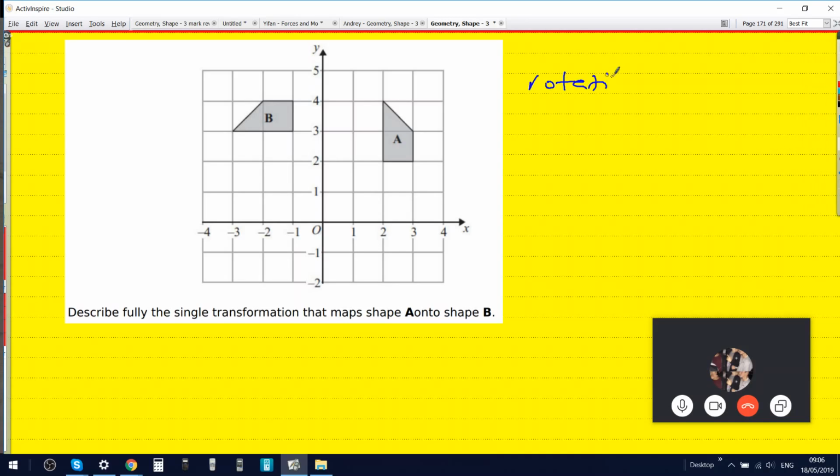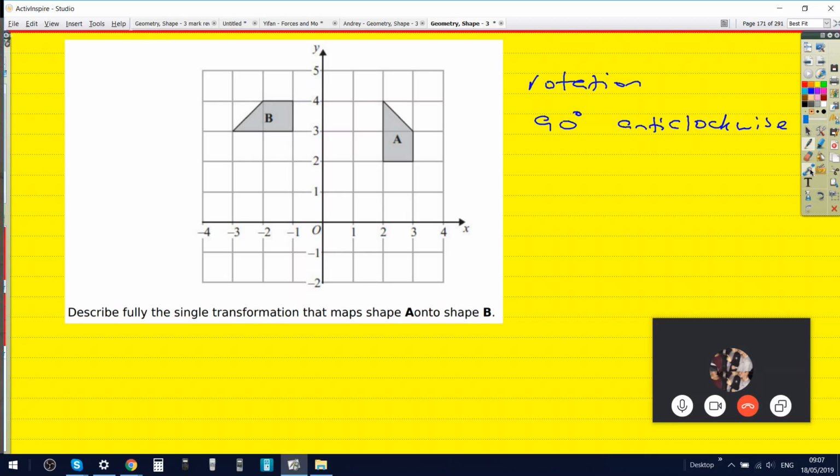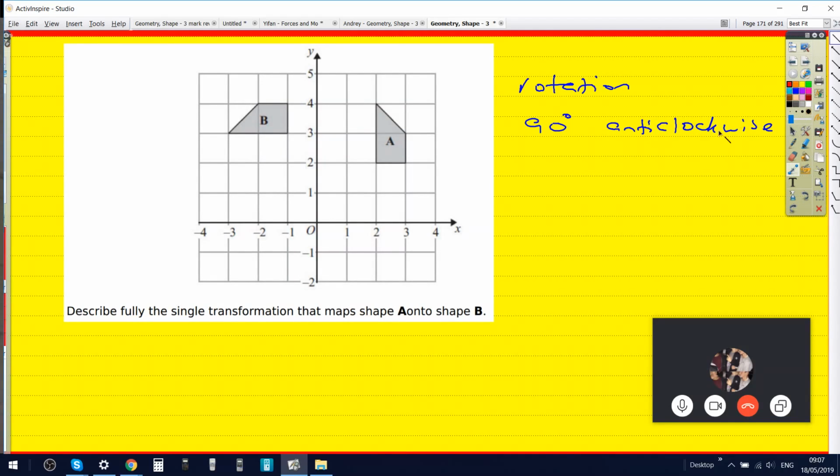And for the center of rotation, do I need to join up the top point of A to the top point of B, and then the left bottom point of A with the left bottom point of B? Okay. They didn't cross over. Oh, sorry, that one is it? That's the right. Sorry, that'll be there, I think.